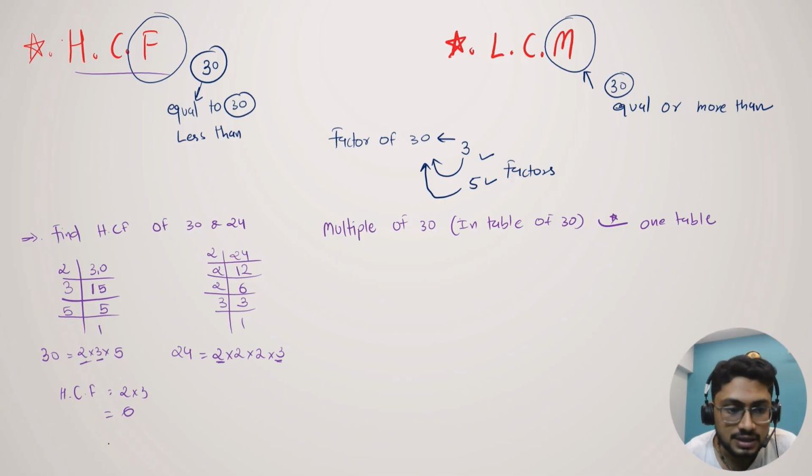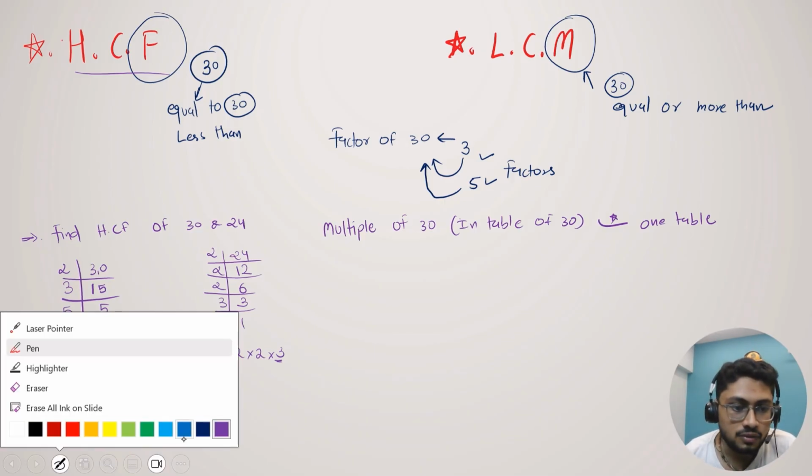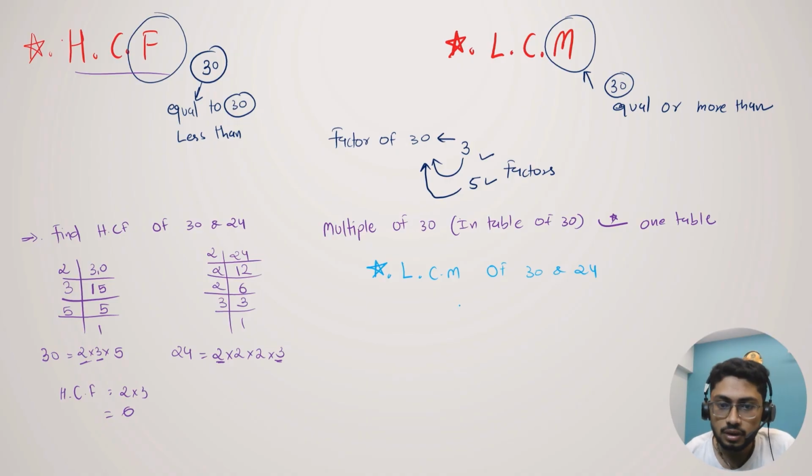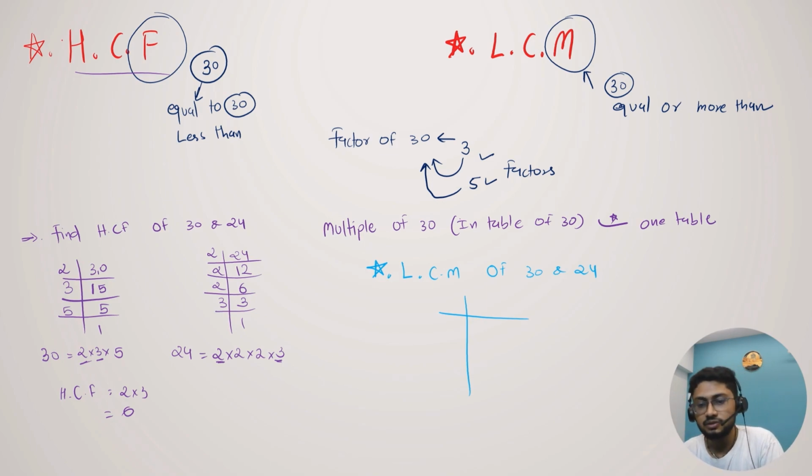But when someone is asking me about the LCM of the same numbers, LCM of 30 and 24, this time you don't have to use this method. A different, modern method is there, but we are first going to understand the traditional one, and then you will get the idea.